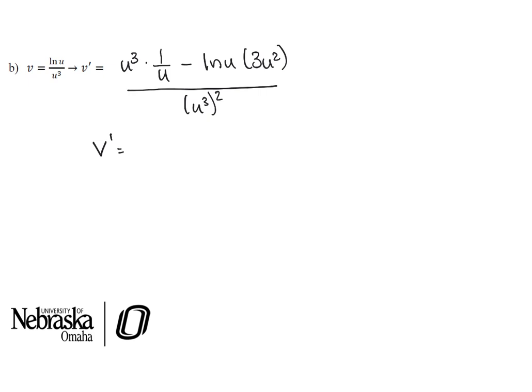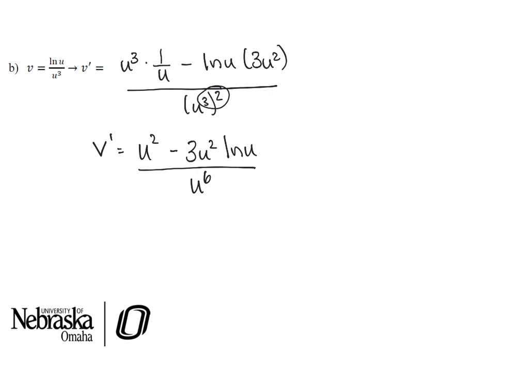So when we simplify the numerator, we have u cubed times 1 over u. So we get u squared. We're again going to write our 3u squared in front of the natural log. And in the denominator, when we have an exponent raised to another exponent, we multiply those. So we're going to multiply the 3 and the 2 to be a 6.